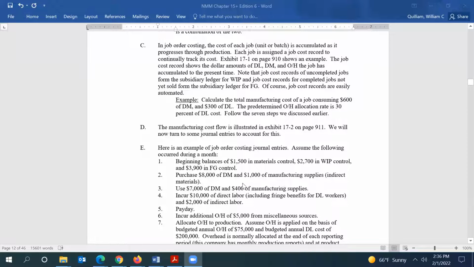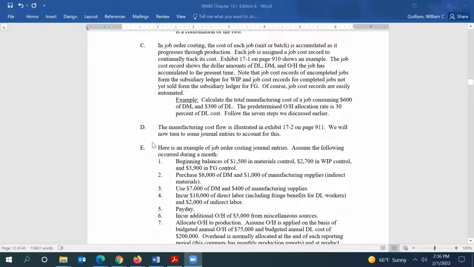Okay. So for just a moment, let me share my screen. I'm going to go back here just to remind ourselves as to what E looks like. So here, I should say in D, manufacturing cost flows in the book. We've had that. We'll be illustrating some T accounts here in a moment. So I'm not too worried.